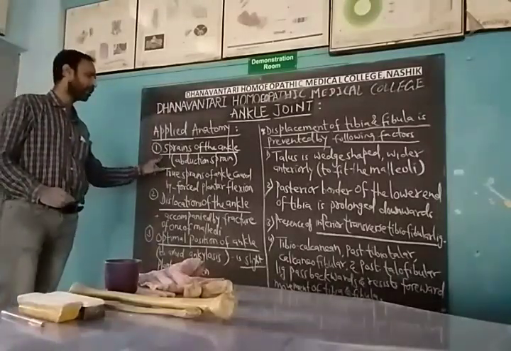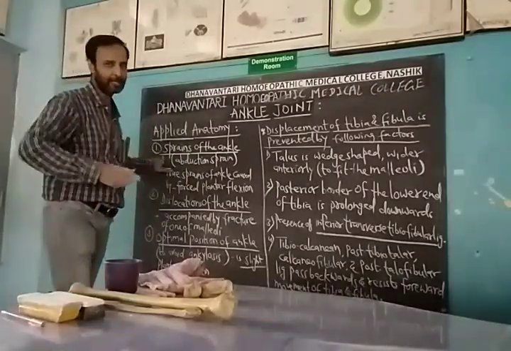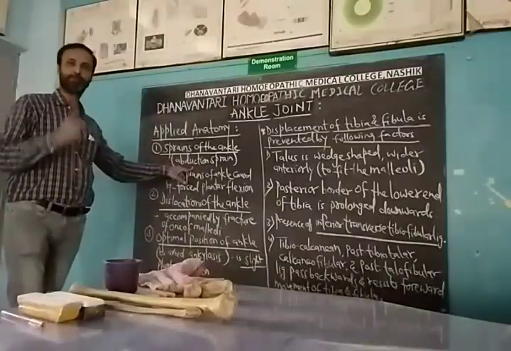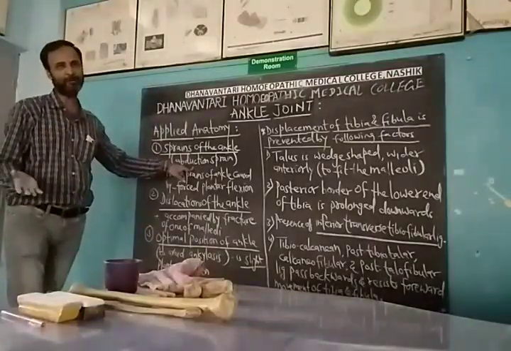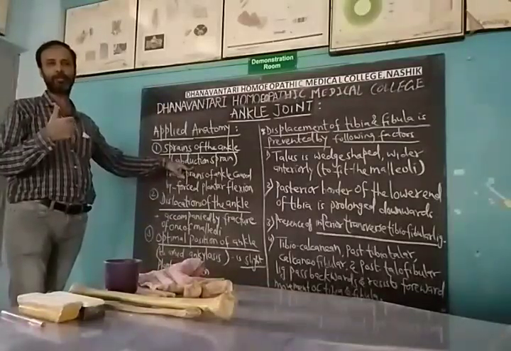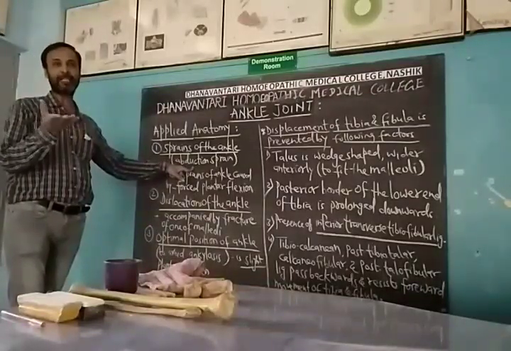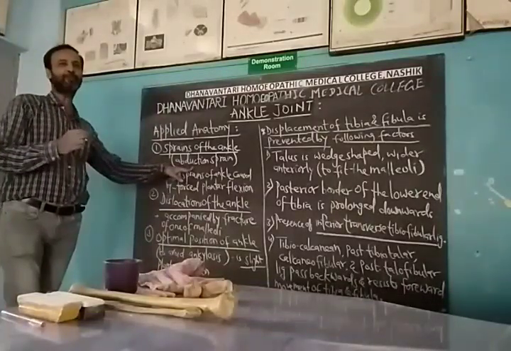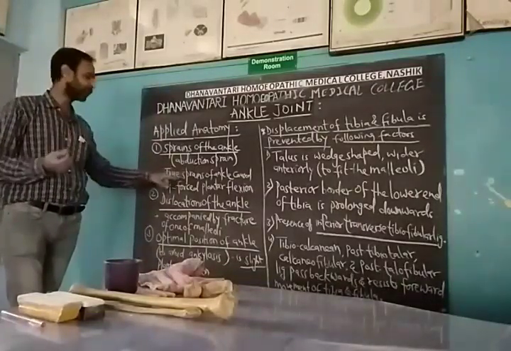So sprain of the ankle is very common in this applied importance. Very often we see it, and the most common is the abduction sprain. Because of the intensity and severity, a few fibers of the deltoid ligament may tear.